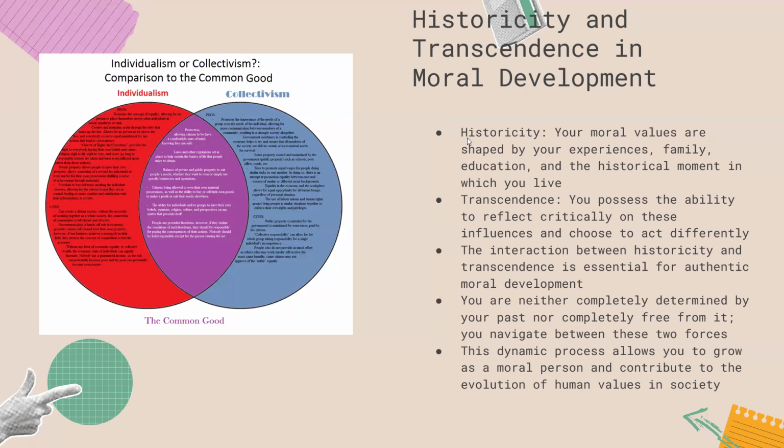Because you are the leader and you have many people in front of you that you have to guide, right? And the interaction between historicity and transcendence is essential for authentic moral development, right? So if you got a really good historicity and a really good transcendence, you will be a really good person. And you are neither completely determined by your past, nor completely free from it. Okay. And now let's move on to this.